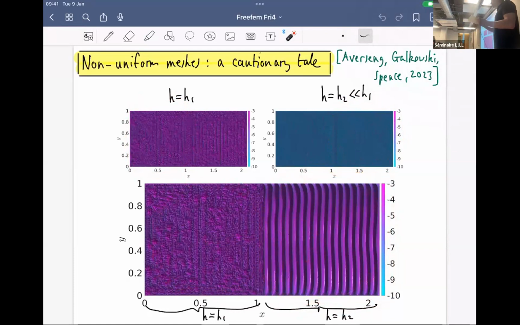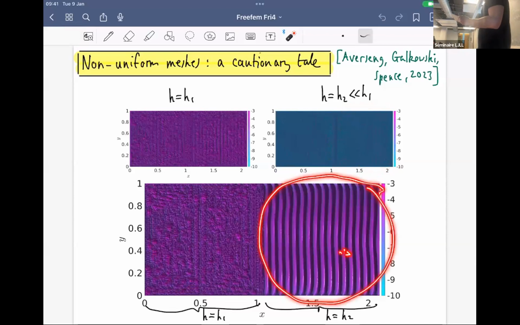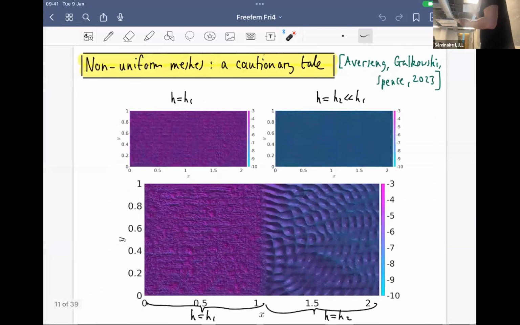So the key point here is that errors for these wave problems are propagating from some parts of the domain to other parts of the domain. And so, we can make H2 as small as you want here, and it's not going to decrease the error on the right of this plot. And then just to further emphasize this point, here is exactly the same experiment, but now the exact solution is a wave propagating upwards in the domain, right?